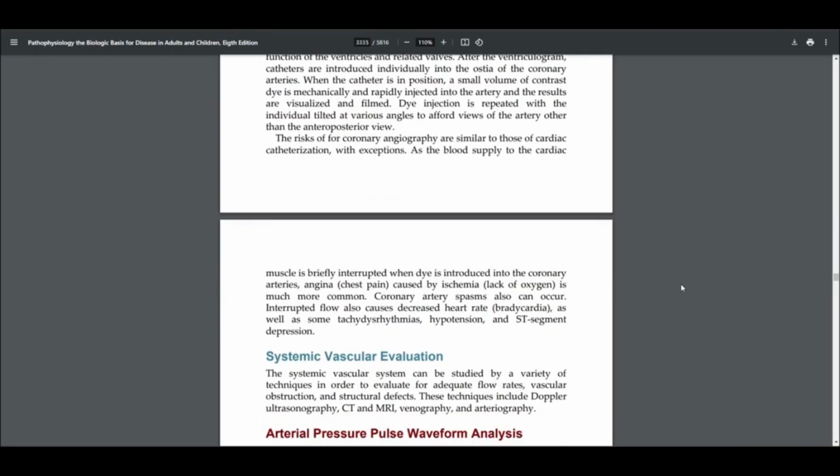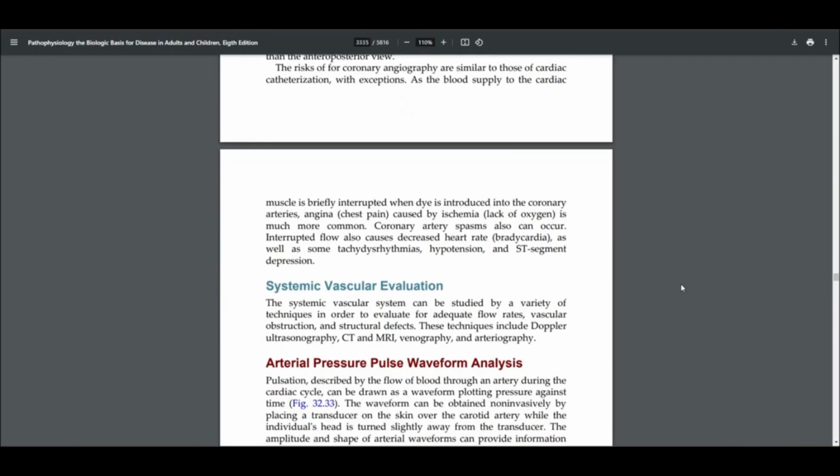Angina, chest pain caused by ischemia, is much more common. Coronary artery spasms also can occur. Interrupted blood flow causes decreased heart rate, as well as tachydysrhythmias, hypotension, and ST segment depression.